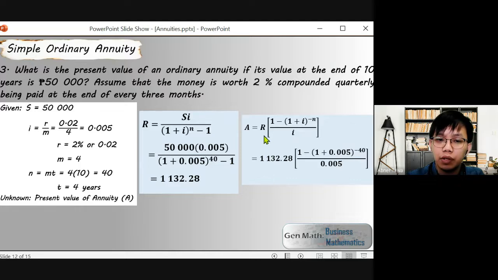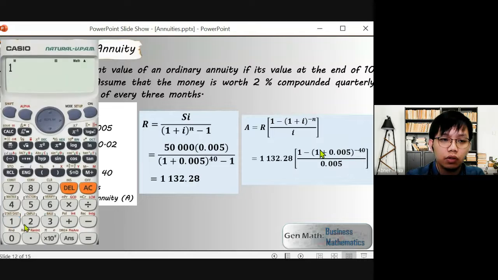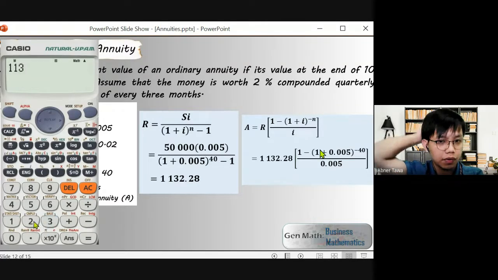Okay, so we have here the formula and just substitute. Our periodic payment will be 1,132.28 multiplied to, okay, so mahaba-haba yung substitution natin, 1 minus the quantity 1 plus 0.05 raised to negative 40 all over 0.05. Okay. Then just input to the calculator or any calculating device.